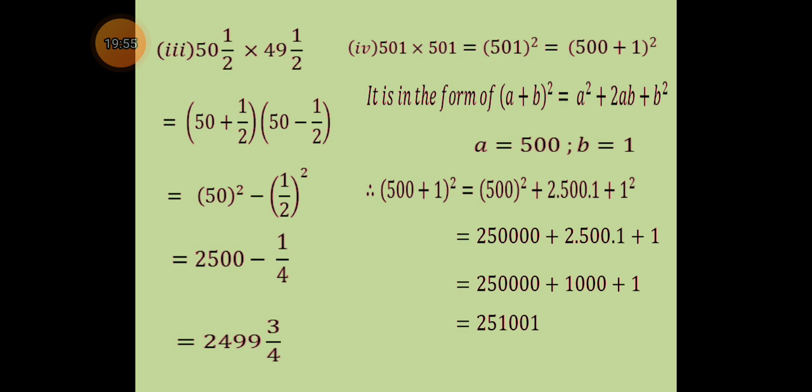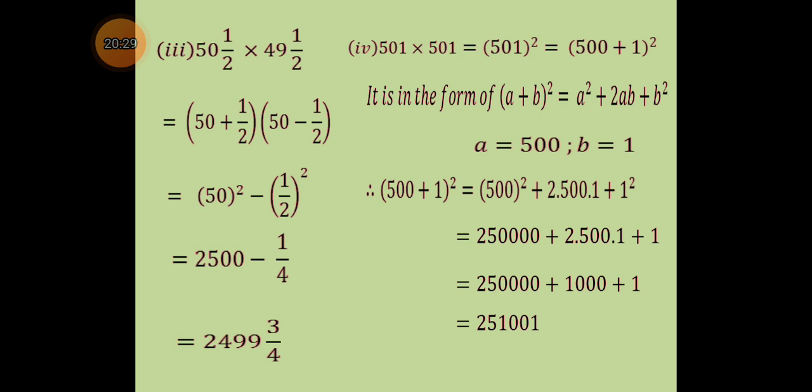Now the next problem is 501 into 501, that is 501 whole square. It is nearer to which number? 500. Let us write it as 500 plus 1. Now it is in which form? A plus b whole square is equal to a square plus 2ab plus b square. Here a is equal to 500 and b is equal to 1. 500 plus 1 whole square is equal to first term square 500 square plus 2 into 500 into 1 plus 1 square.